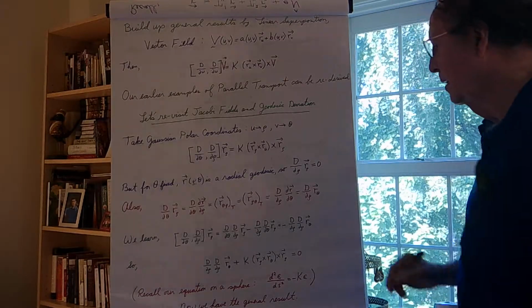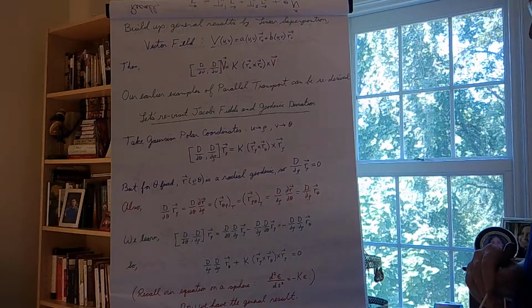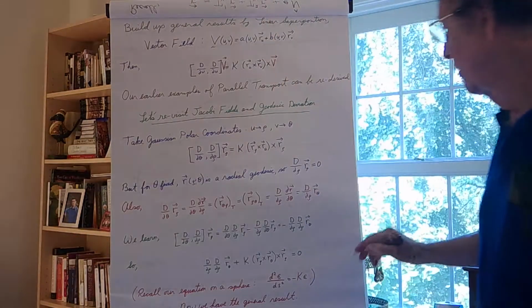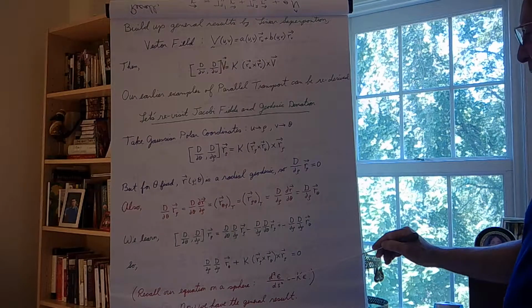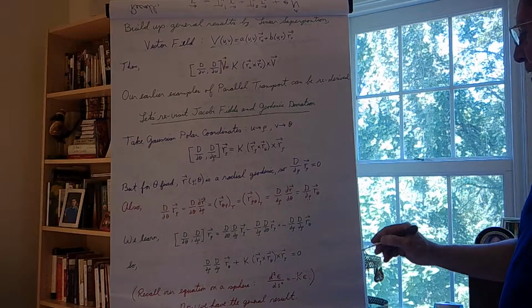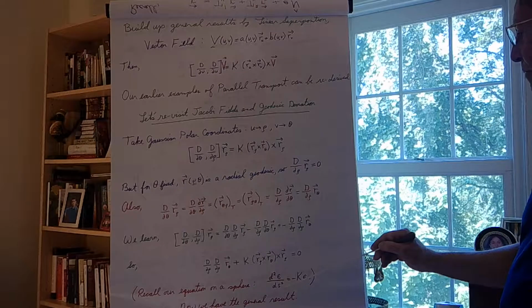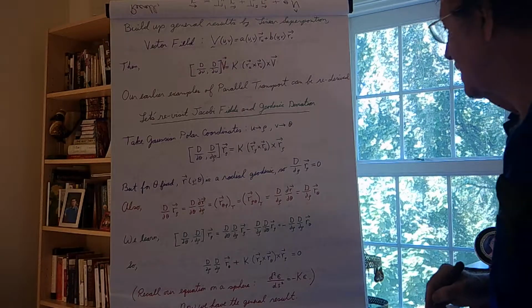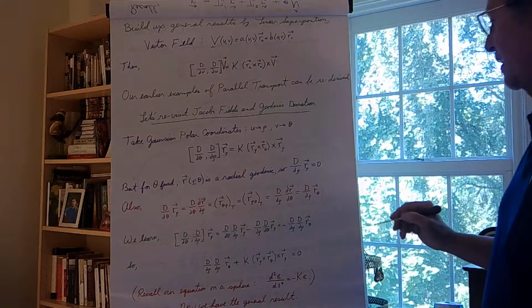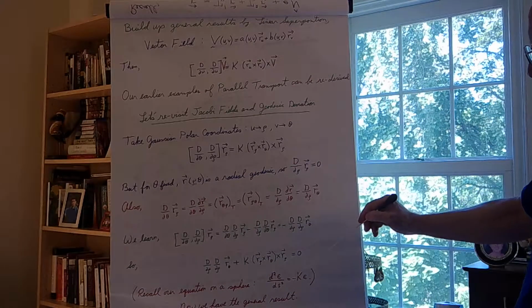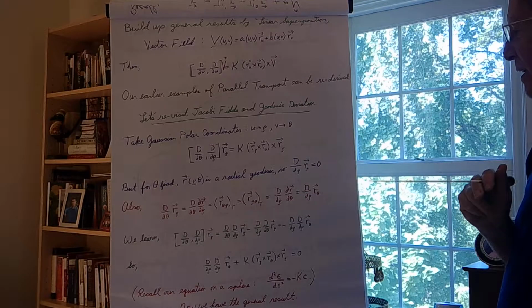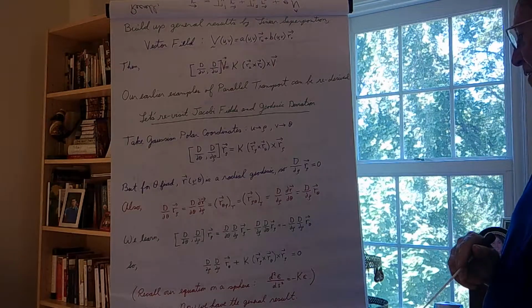Well, we've seen expressions like this before. When we were studying geodesic deviation on the sphere, we wrote down this expression for the geodesic deviation between great circles: the second derivative of epsilon with respect to arc length was minus k times epsilon. We conjectured that might be more general, and here's the generalization of it. The second derivative with respect to arc length, that's what I have over here, except in the general case it's covariant derivatives.